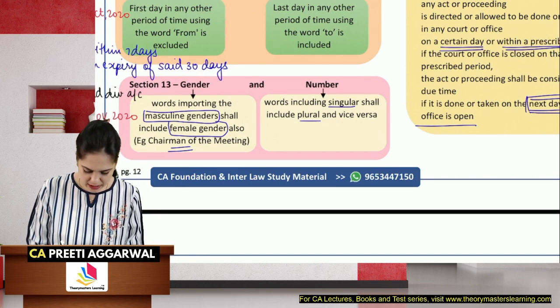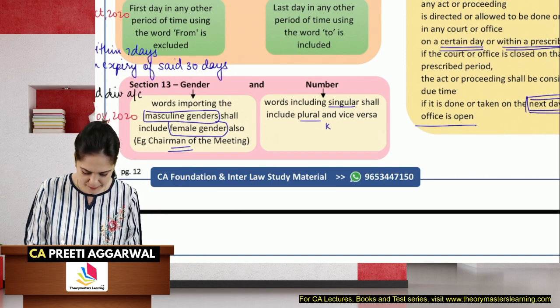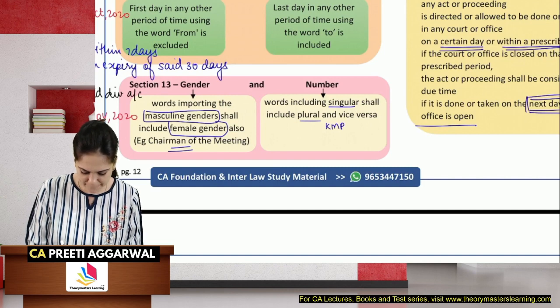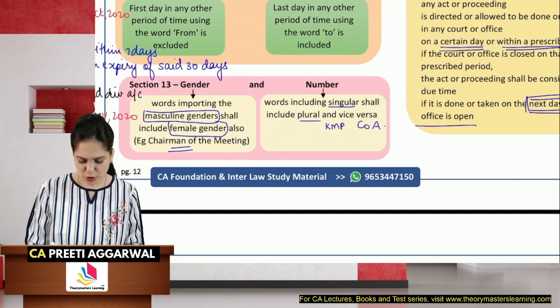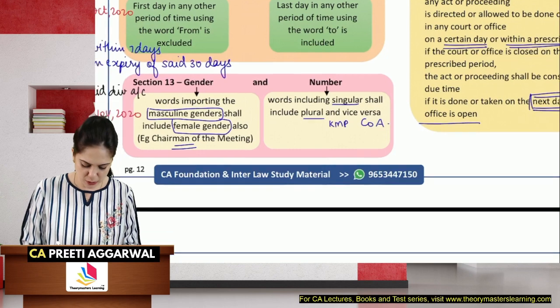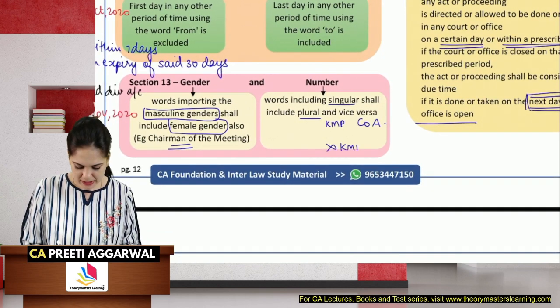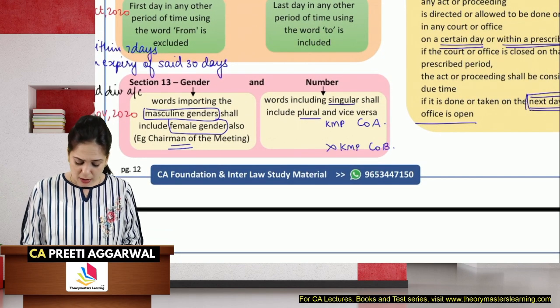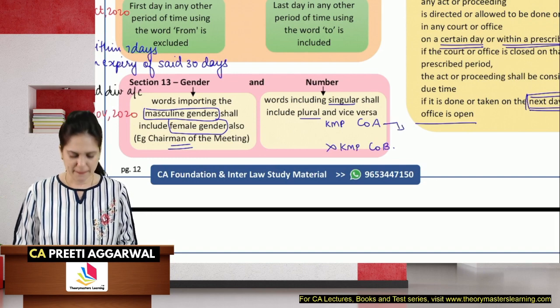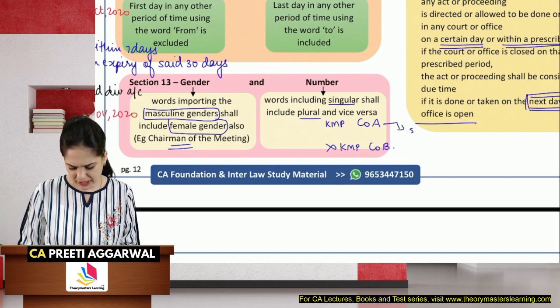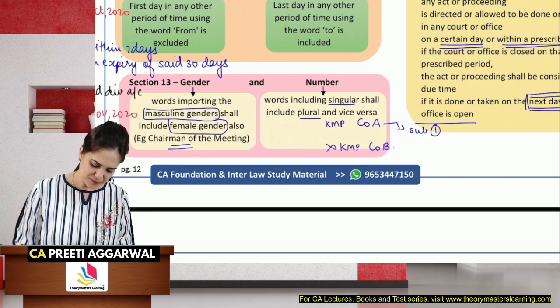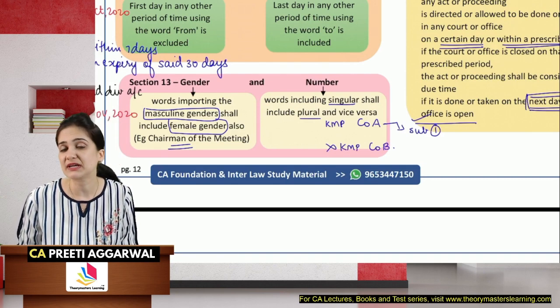Now let's say that the company has a policy that the KMP shall be a KMP in that company only and not other company. So if you are a KMP in company A, you cannot be a KMP in company B except the subsidiary of company A. So let's say the company A has subsidiary 1. Can you be a KMP in subsidiary? Yes. But can you be KMP in company B?